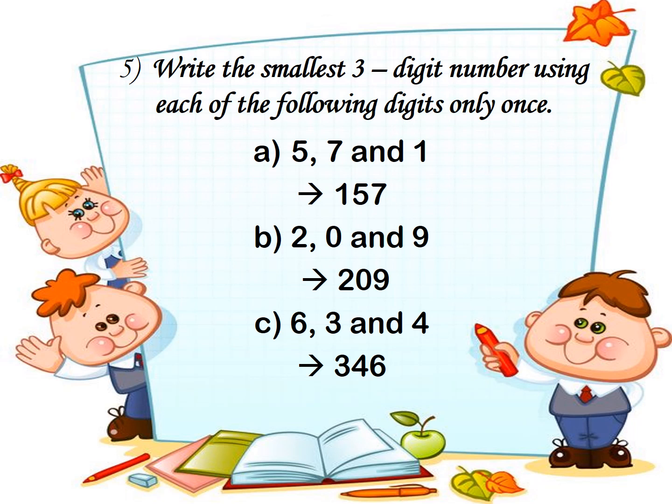The first question is 5, 7 and 1. So the smallest 3-digit number will be 157. Next one is 2, 0 and 9. The smallest 3-digit number will be 209. Next question is 6, 3 and 4. The smallest 3-digit number will be 346.